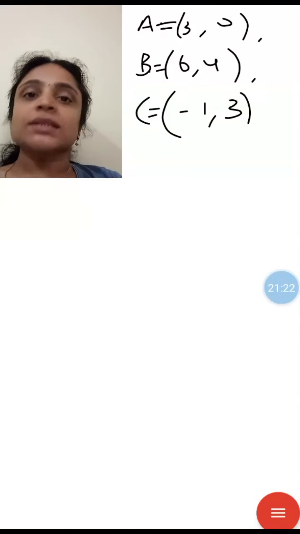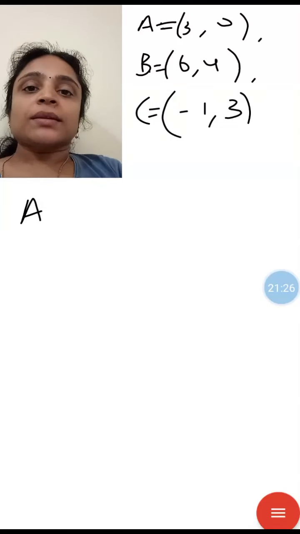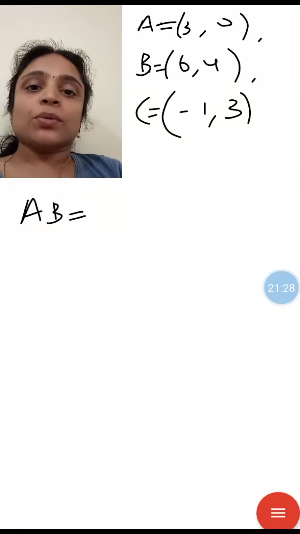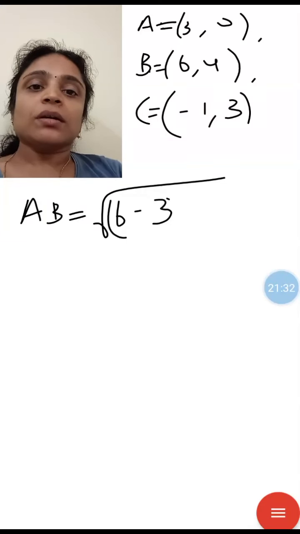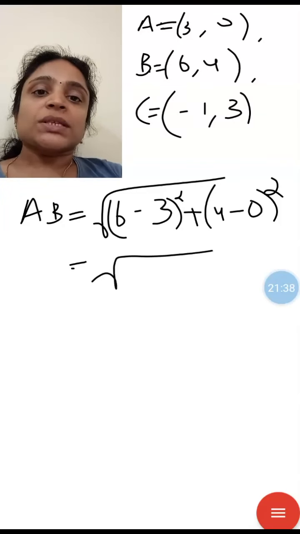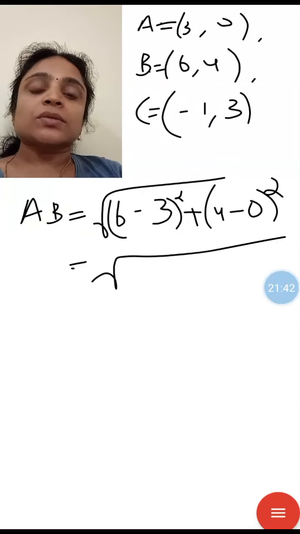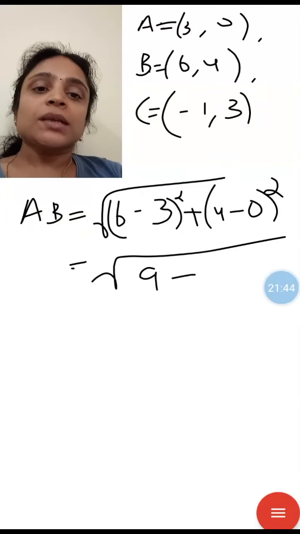So, by applying distance formula, AB equal to root of 6 minus 3 the whole square plus 4 minus 0 the whole square, which is equal to root of 3 square plus 4 square, that is root of 9 plus 16, which is root of 25.